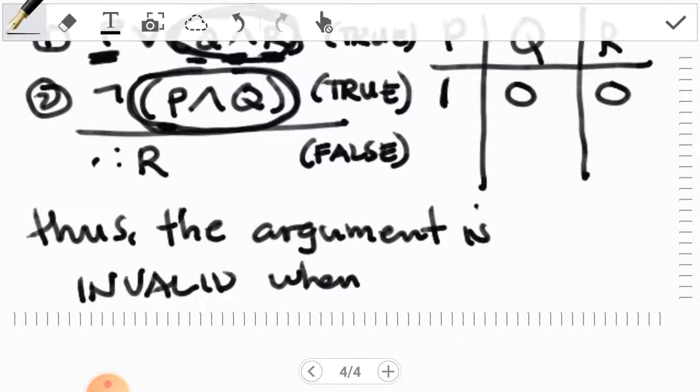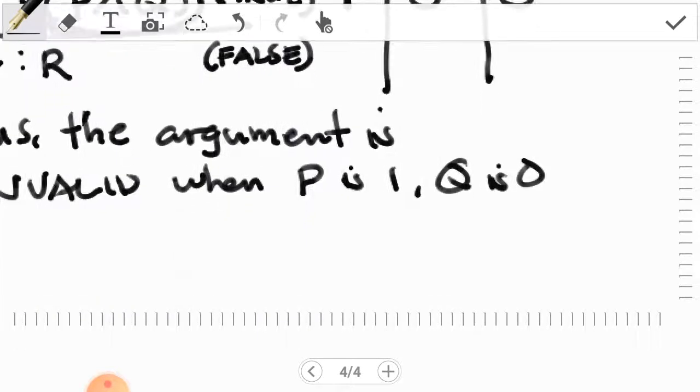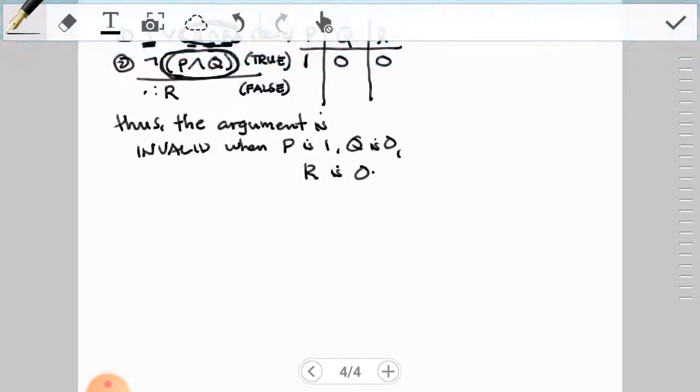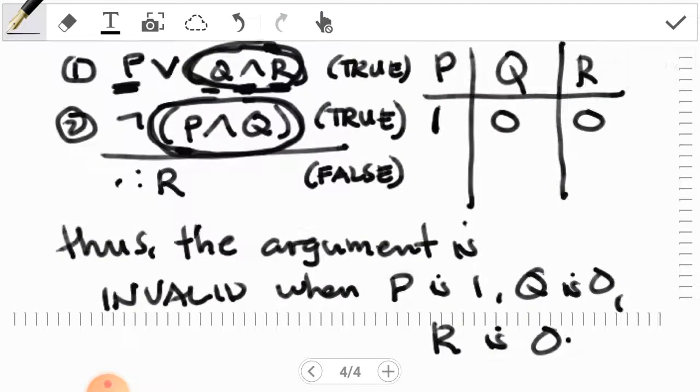And this happens when P is 1, Q is 0, R is 0. Okay? So that's the third example.